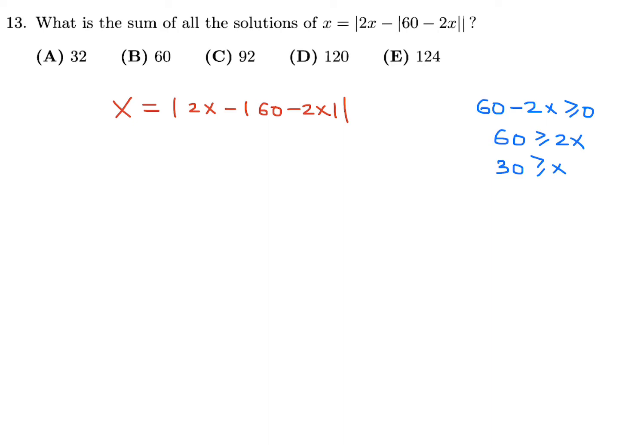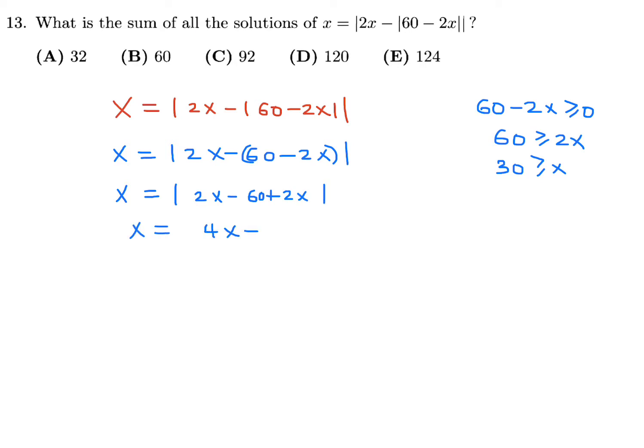So going back to our equation, we have X equals absolute value of 2X minus (60 minus 2X). If it's greater, we just drop the absolute value, like that. And then now we have X is equal to the absolute value of 2X minus 60 plus 2X, like that. And then this is going to be 4X minus 60.